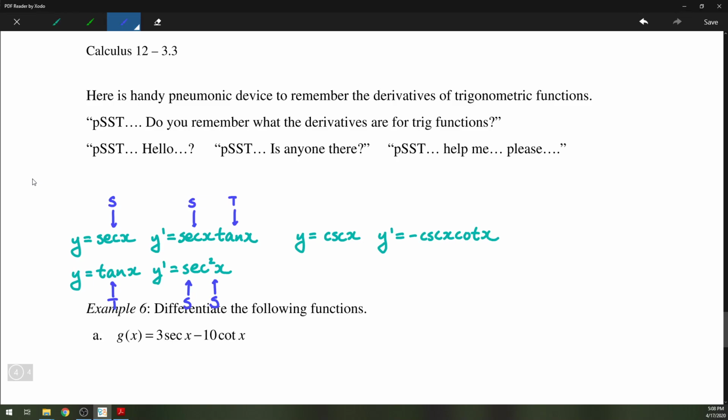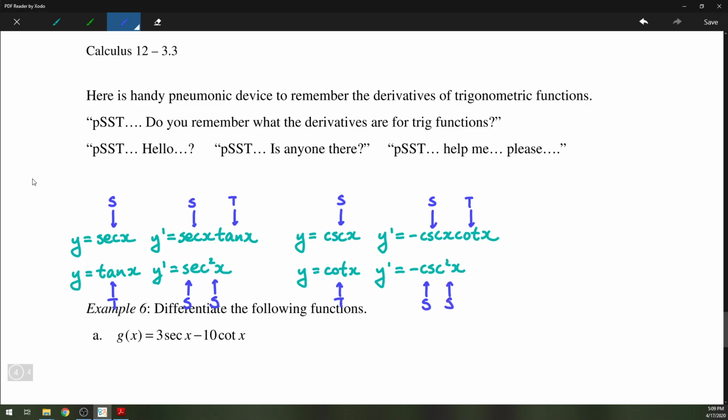And once again, you have here s, s, and t. And then likewise for the derivative of cotangent x, you have negative cosecant squared x. And that's also t and then s and s.